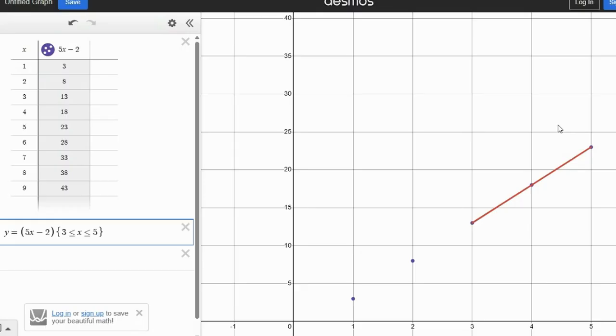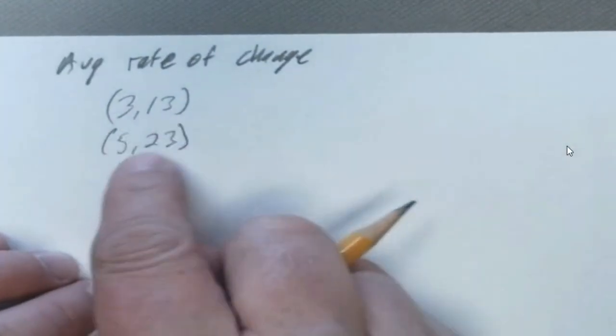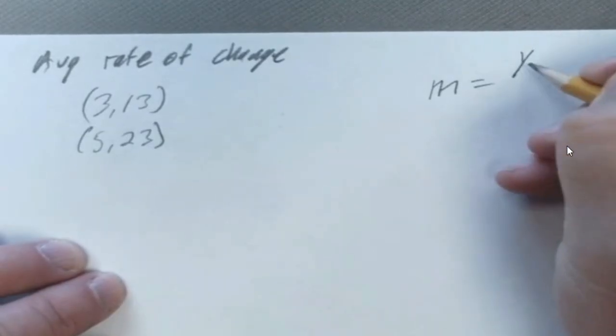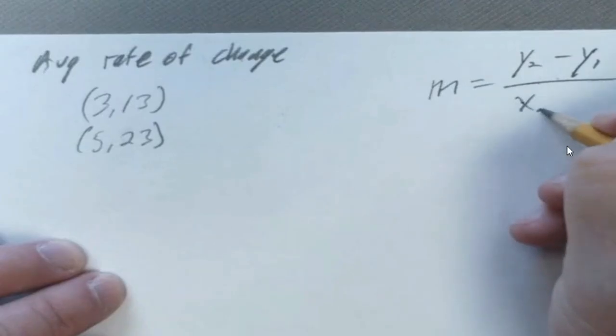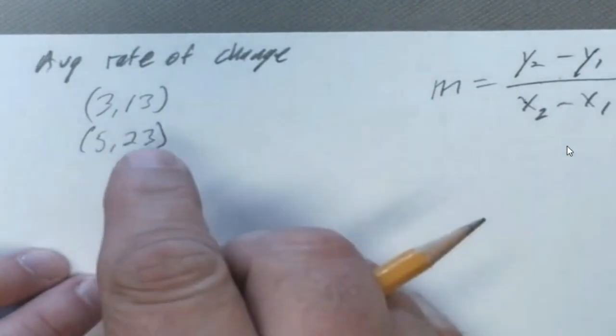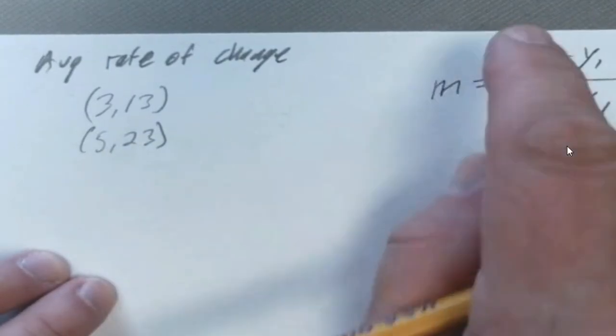If you know the 2 points, (3, 13), (5, 23), the slope formula is y2 minus y1 over x2 minus x1. So let's just take the bigger one and say that's going to be the 2's.